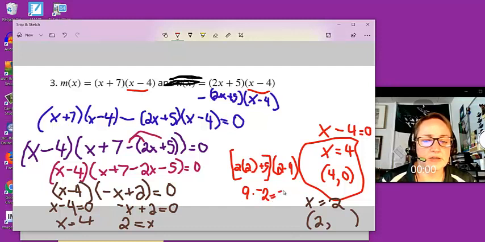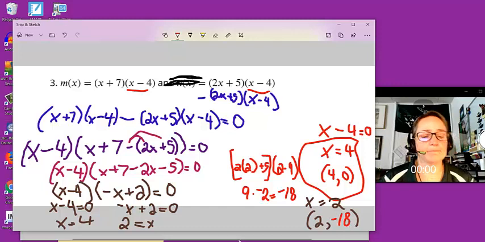This gives me an output of negative 18, and that tells me my y coordinate for this point. So I found both of my intersection points.